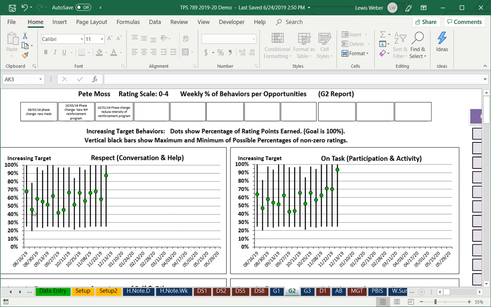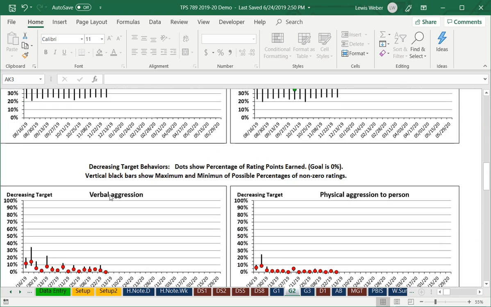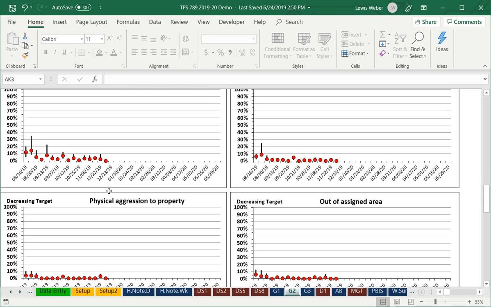So this gives you an idea of how intense the behavior is when it occurs. So it's ones and twos. Here we see more threes and fours because the dot is nearing the top of the vertical bar. All right, as we scroll down, we see some of the decreasing target behaviors.